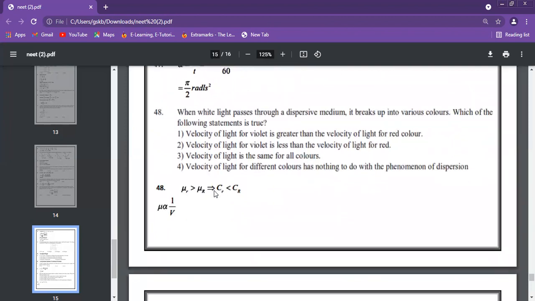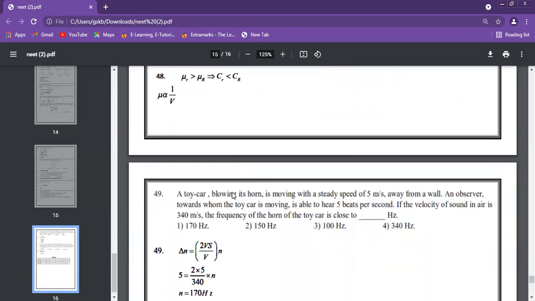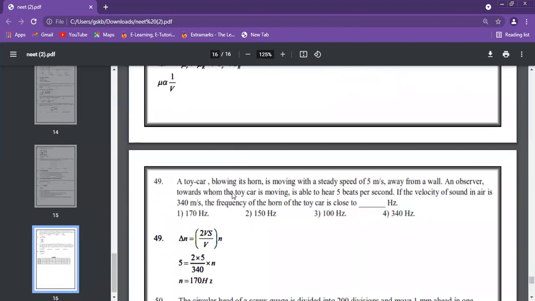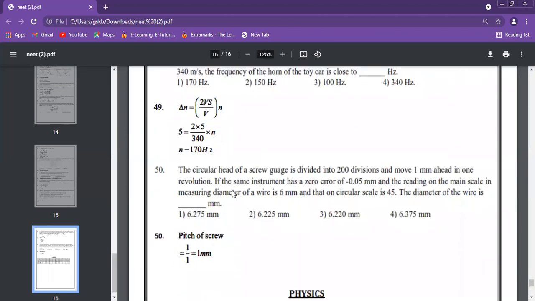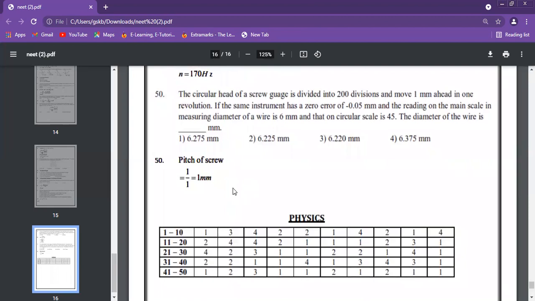This is the optics basic formula. So I have given the key for the entire paper down separately.